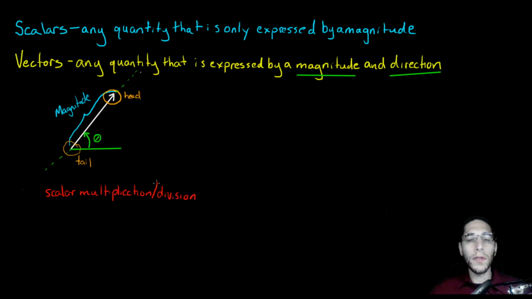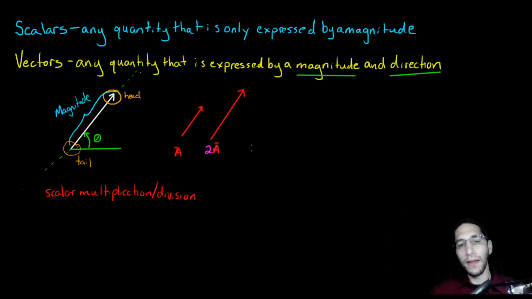So with scalar multiplication and division, let's say we have an arrow, a vector, of a length of 1, and let's call this vector A. If we multiply this by 2, what's going to happen? It's going to scale our vector, so the new vector is twice the length of our old vector. So this is A, this is 2A.